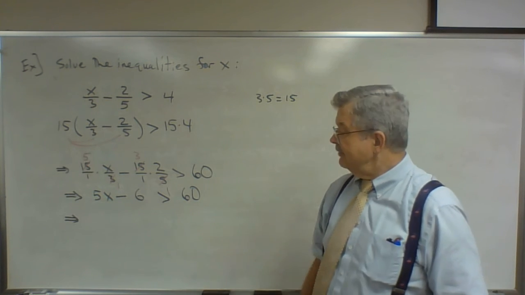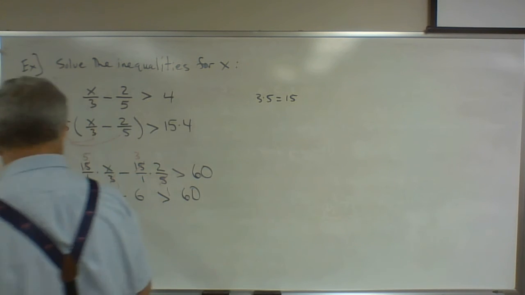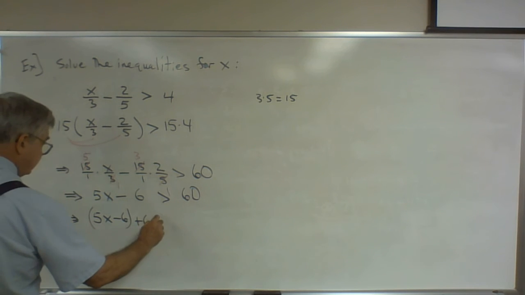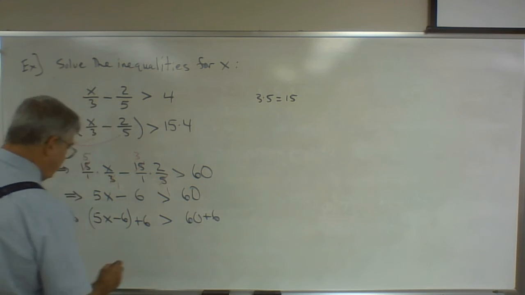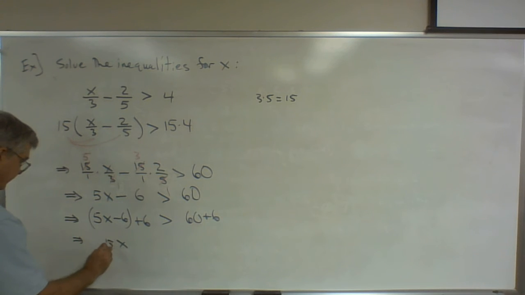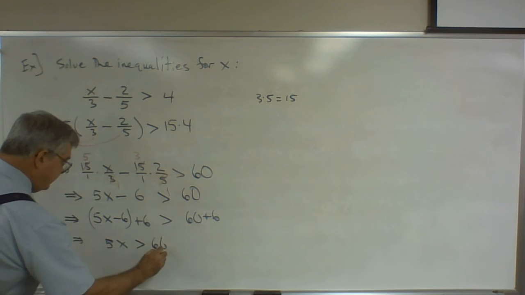If I add 6 to both sides, it will still be pointing in that direction. So I have 5x minus 6 plus 6 greater than 60 plus 6. 6 minus 6 is 0. I have 5x greater than 66.